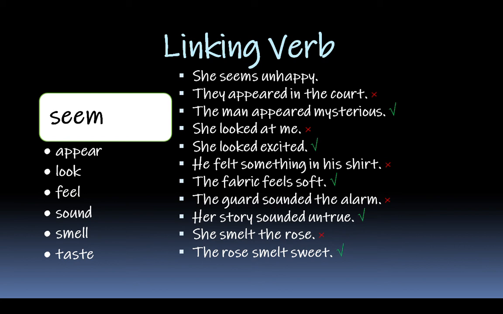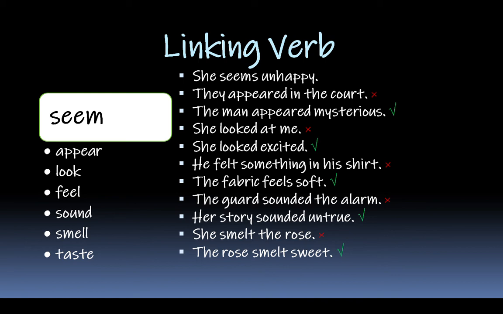The rose smelled sweet, but the rose did not do anything. गुलाब की खुशबू मीठी थी, वो सूंघने में मीठा लग रहा था. It wasn't doing anything, but when she smelled the rose, she actually did something physically. She was performing an action. So smelled in the first example is main verb, and in the second example it's linking verb.